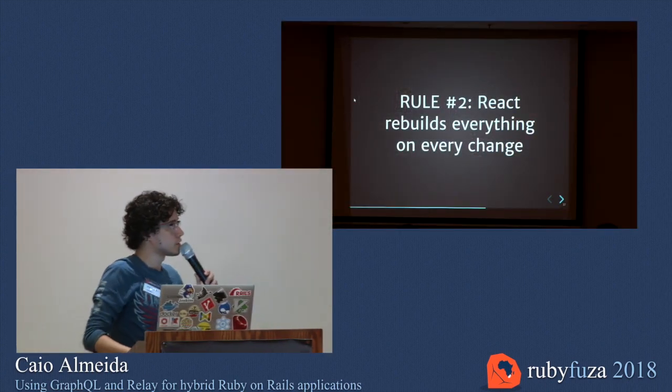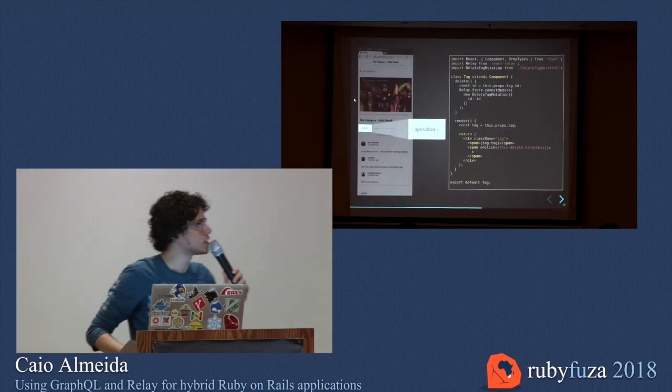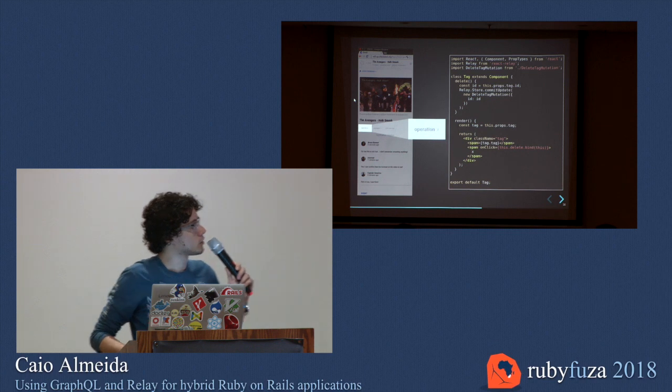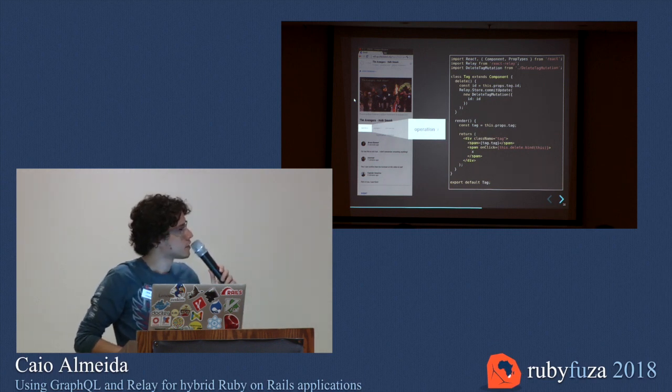So another thing that you can notice from here is that we don't have any code to make interactions between our interface. So we have that on-click code that you can see over there that's going to delete the tag when I click on it.